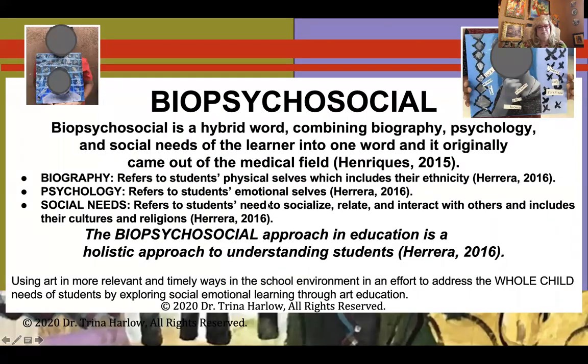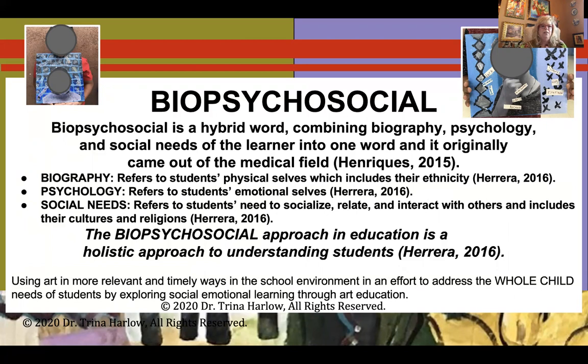This slide just points out to you what biopsychosocial is. So it is a hybrid word, as I've already said, combining biography, psychology, and the social needs. It maybe came out of the medical field originally, and it's an approach in education that is holistic. Biography refers to students' physical selves, who they are as a person, their ethnicity, their biographies.